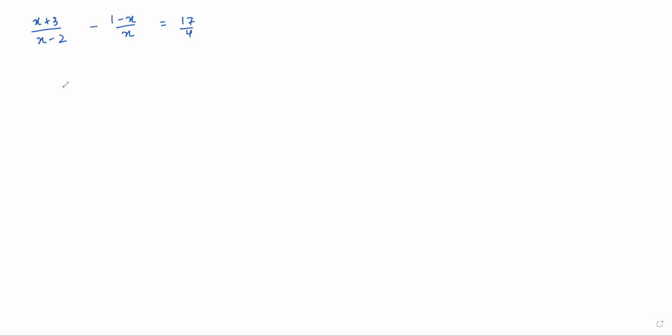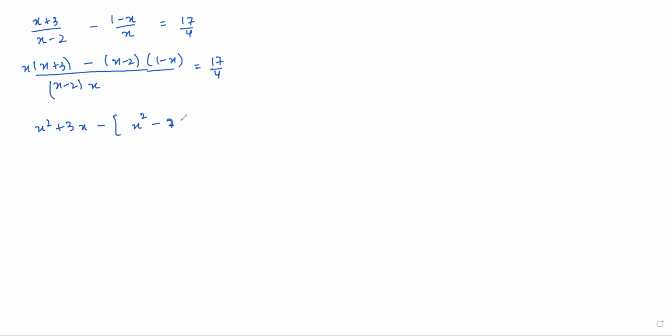So this will be x into (x plus 3), minus (x minus 2) into (1 minus x), is equal to 17 by 4. So that becomes x square plus 3x, and minus (x square minus 2 plus 2x)... sorry, minus (x minus 2)(1 minus x), divided by x square minus 2x, is equal to 17 by 4.